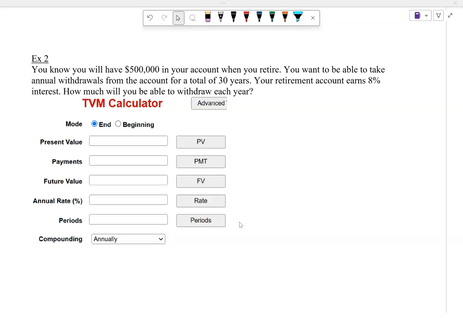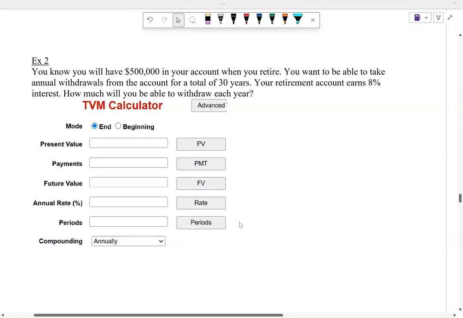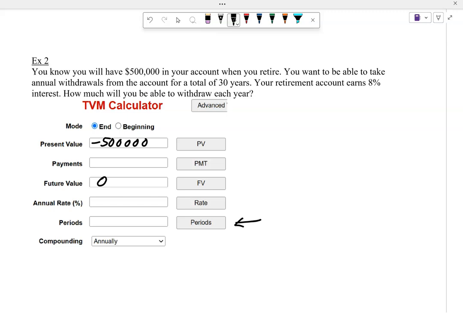All right, next scenario. You know you'll have $500,000 in your account when you retire. So you're starting with, it's costing you $500,000 up front. That's the initial amount you have. You want to be able to take withdrawals and zero it out by the end of 30 years. Now you're taking annual withdrawals, so your n is 1.